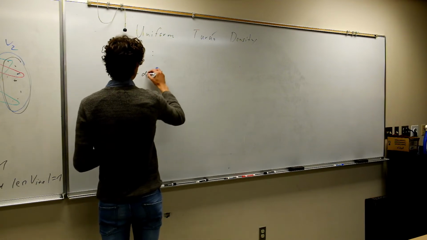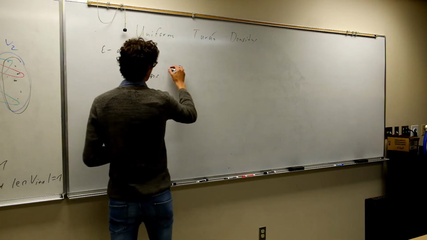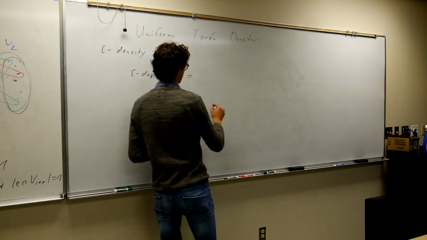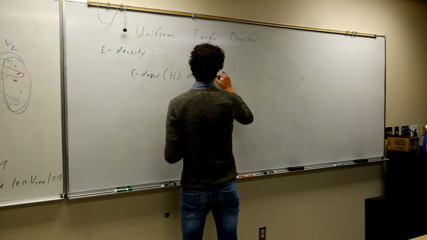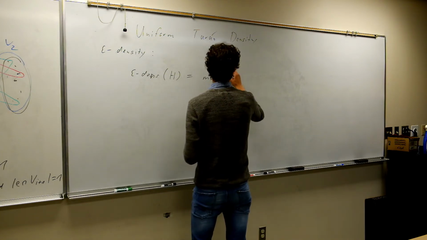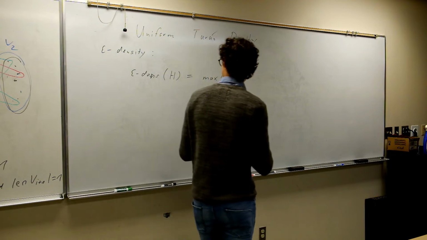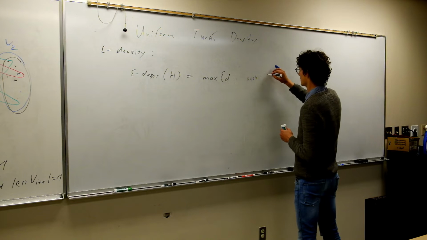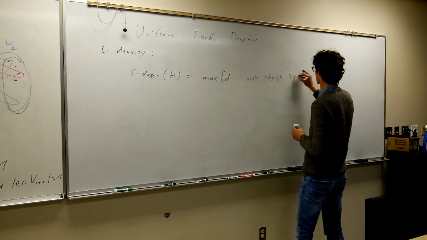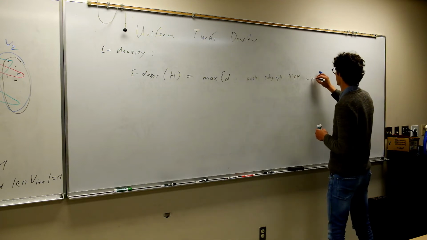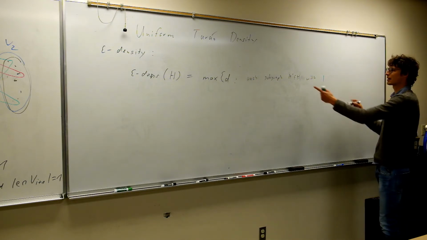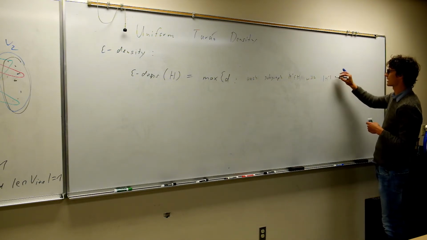The epsilon density for a hypergraph H is basically the maximum d such that each subgraph with at least epsilon, or well, the number of vertices should be at least epsilon times the number of vertices, has density at least d.